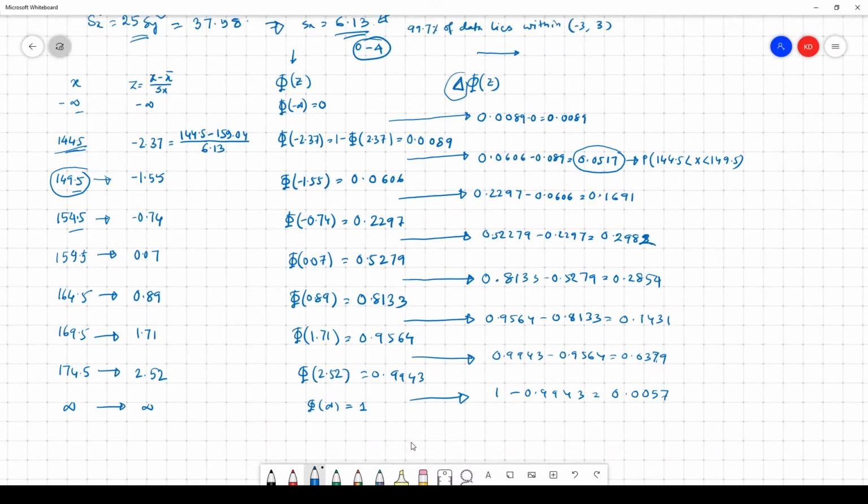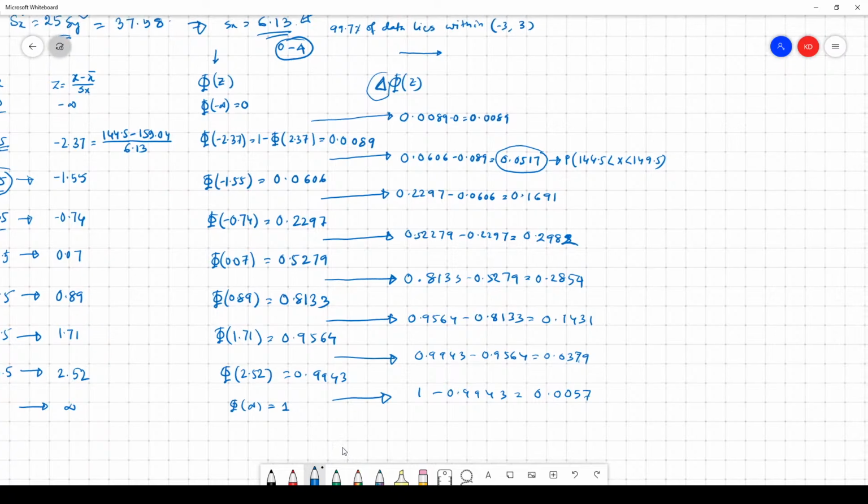Now, the expected frequency is equal to capital N times delta phi z, where capital N is 130. So 130 times 0.0089 is almost 1.16.